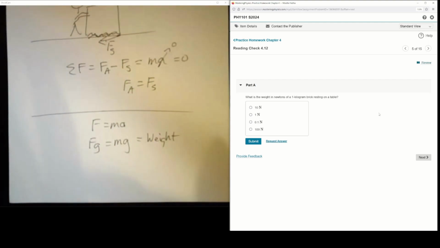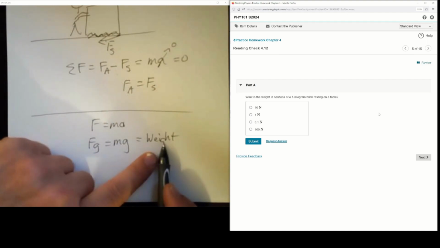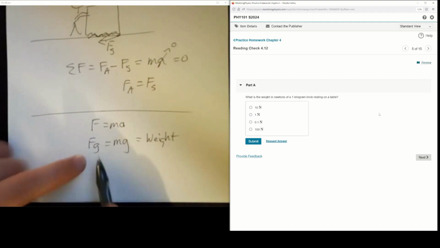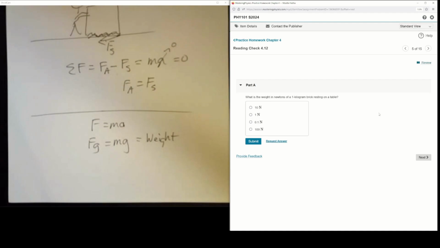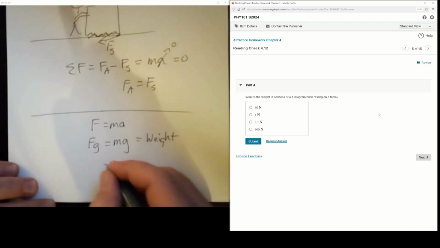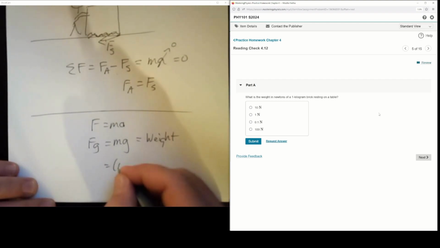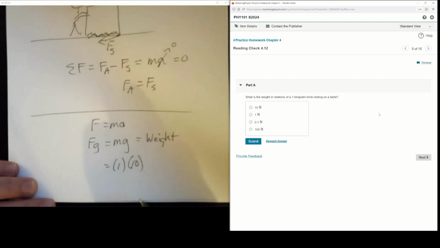Weight, just to say it again, because some people get them mixed up or get them separated. Weight is the force of gravity. They're the same thing, just different names for the same thing. And if our mass is 1 and g is 10, that's 10 newtons of force.